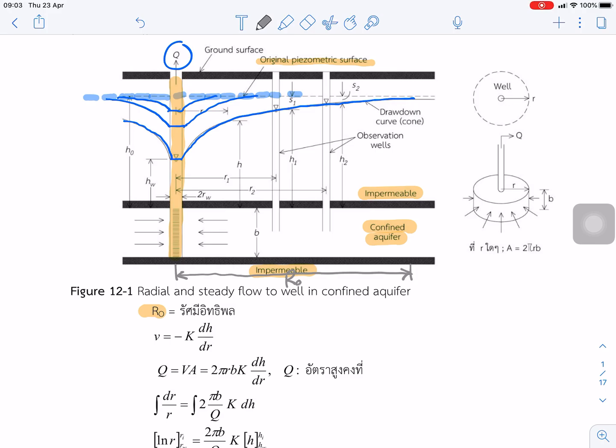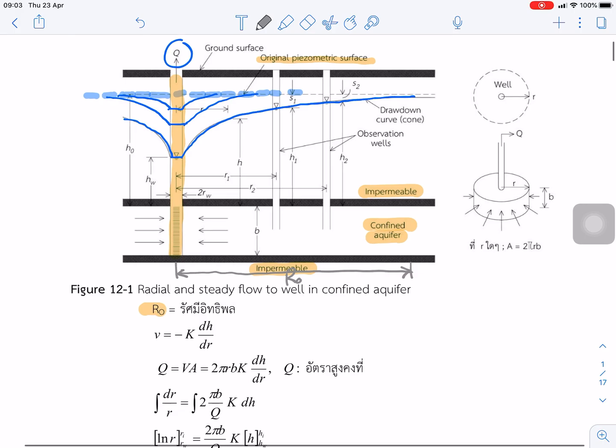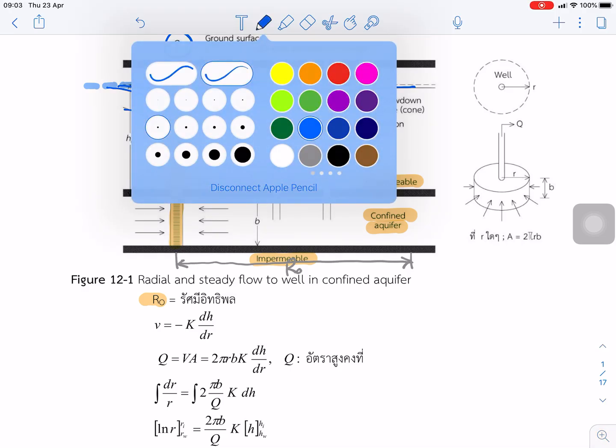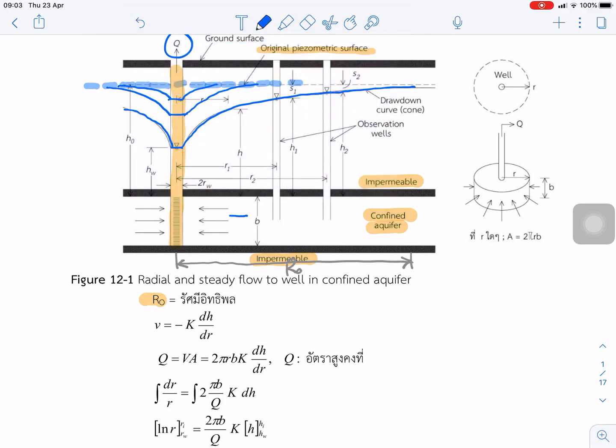So it means the water level is the same. For the velocity, it is at this point, which is at radius r.